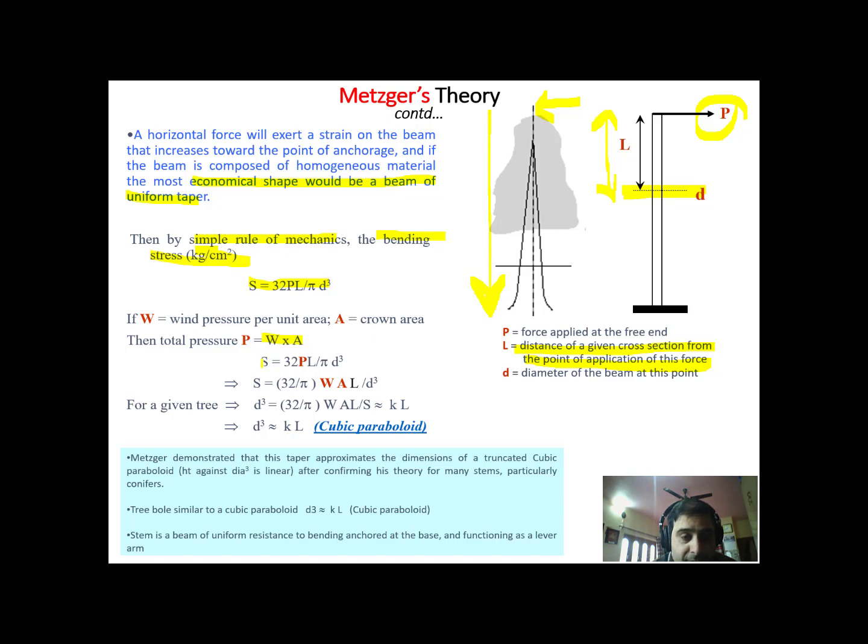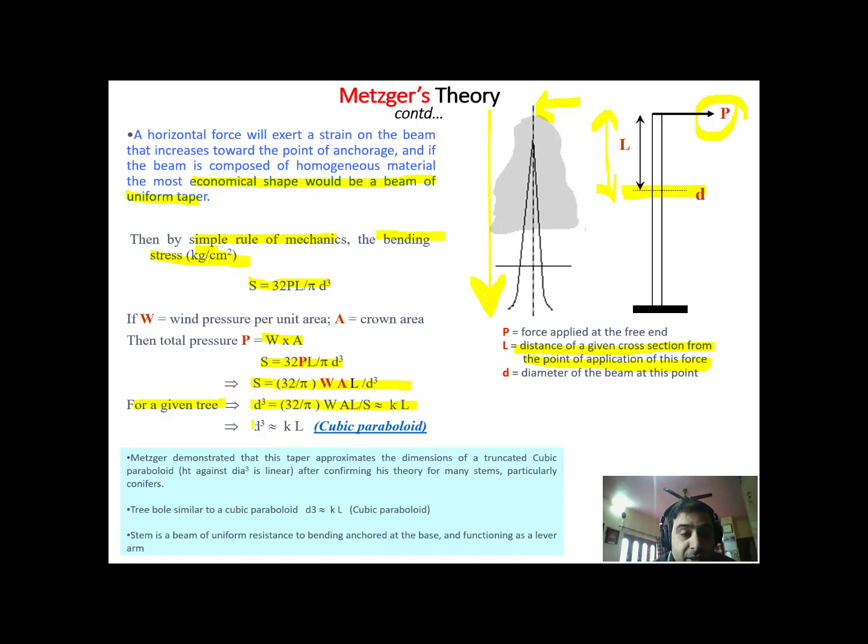So the formula above, S is equal to 32 PL upon pi d cube, becomes S is equal to 32 by pi, and in place of P we write the wind pressure per unit area W into A, the area of the crown, upon d cube. So for a given tree, d cube is equal to 32 WAL upon pi S, which is very similar to KL, because all the terms except L can be constant.